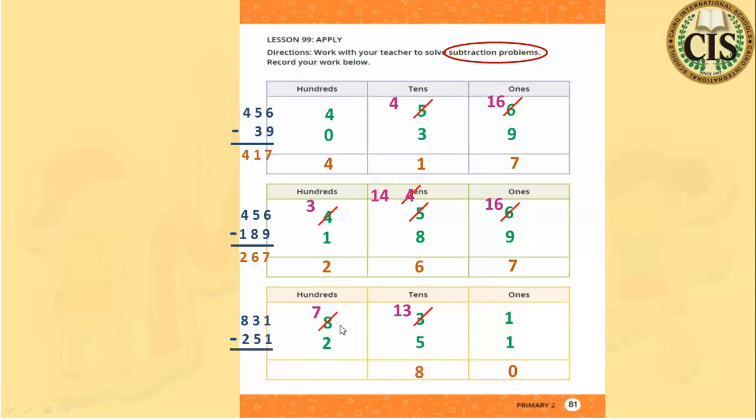Very good. 7 minus 2. After 2: 3, 4, 5, 6, 7. 5 fingers. Very good, Farah. Thank you, Farah.